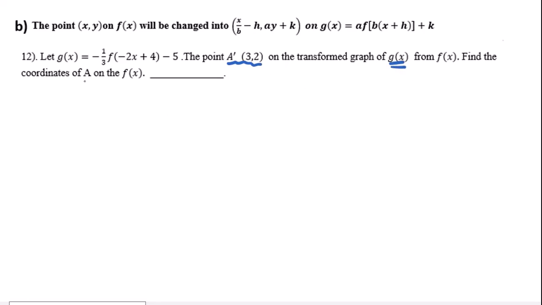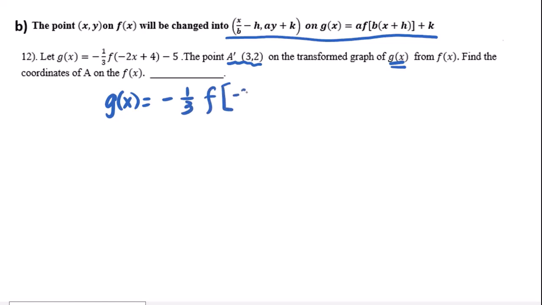Find the coordinate of A on the f of x. We know this is the rule for the transformation. G of x, we need to change into transformation form, negative 1 over 3 f. Take negative 2 outside, x minus 2.